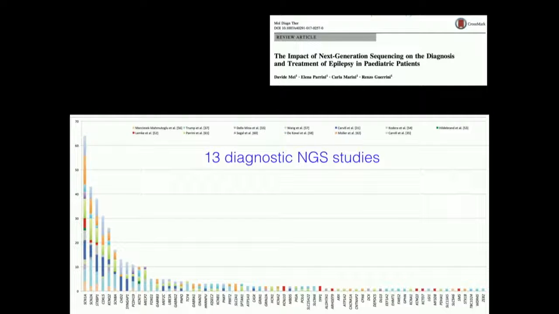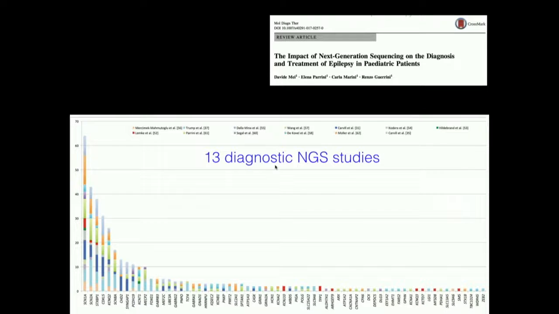Now, this is a review paper we just published with our team, and what we did, among other things, was to review the 13 most important next generation studies in epilepsy, studies using large panels in large series of patients.